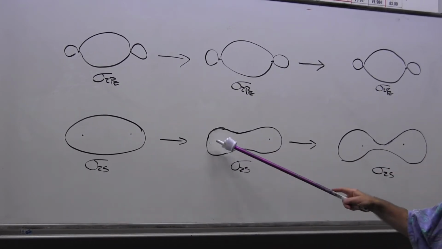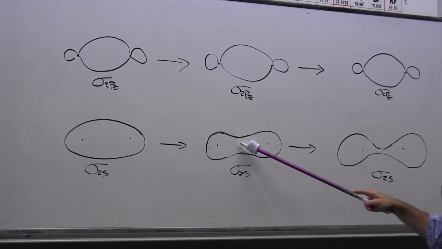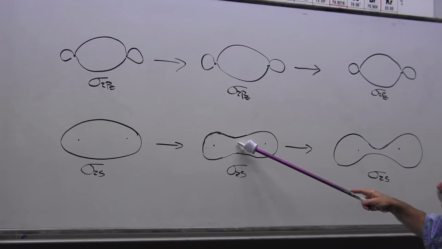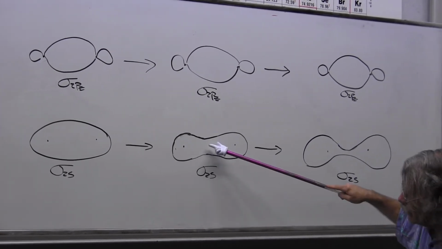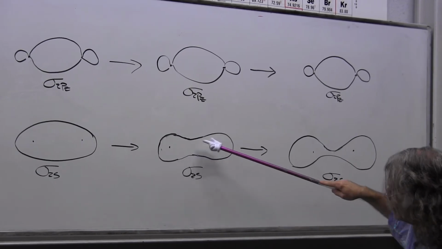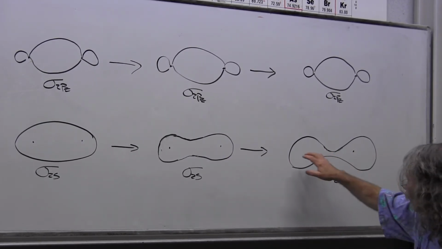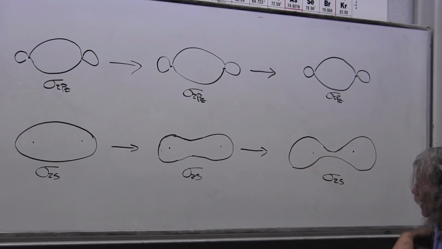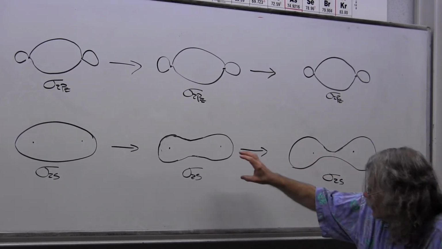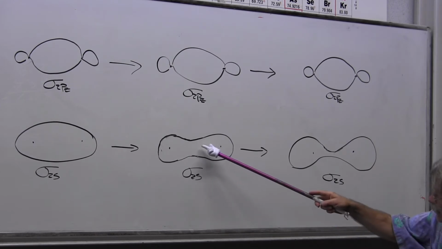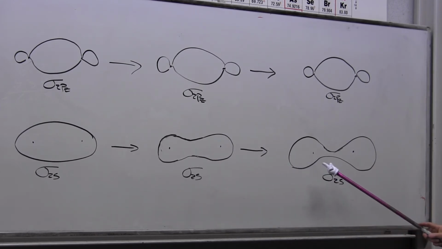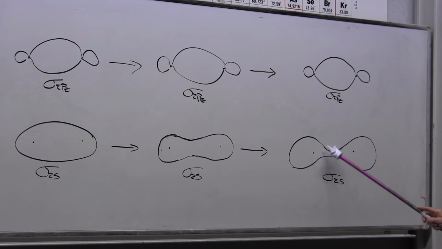And so the molecular orbital doesn't have as much electron density in the region between the atoms. It's still a sigma orbital because the electron density lies along the axis connecting the atoms, but it's going to get less and less localized in the region between them, and by the time we get to oxygen, it's mostly localized on the oxygen atom with very little electron density in the region between them.